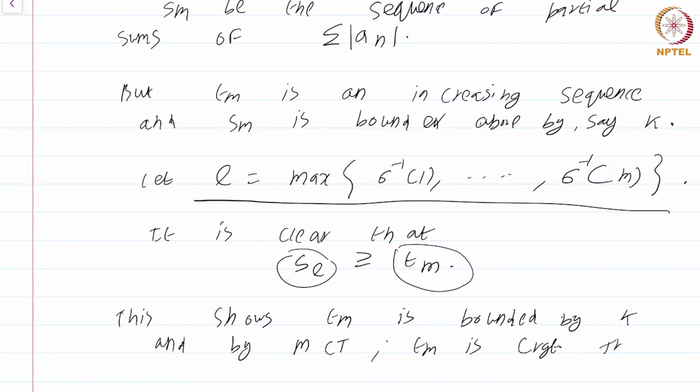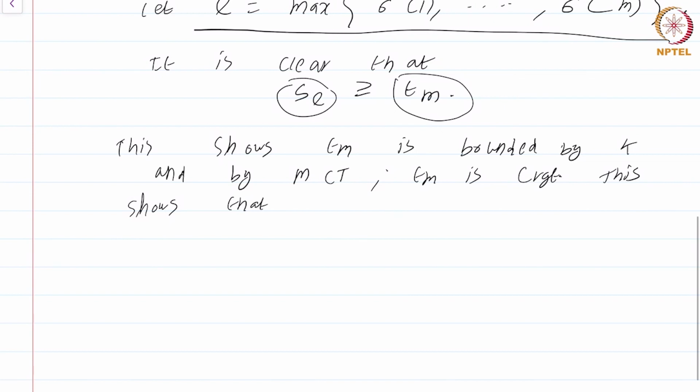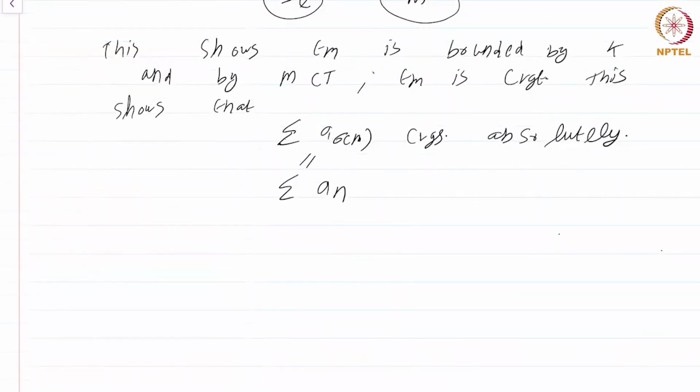This shows that summation a sigma n converges absolutely. Now, this doesn't finish the proof. We still have to show that this converges to the same thing as summation an.